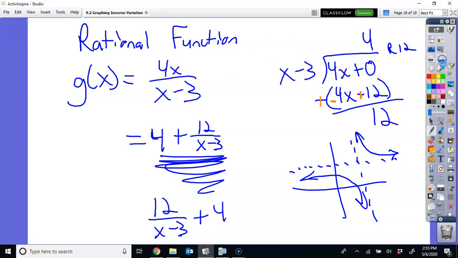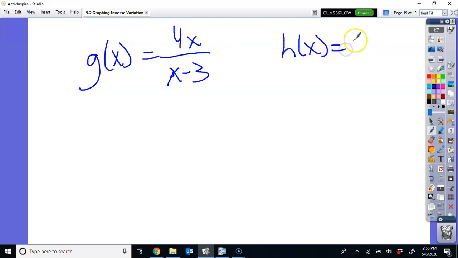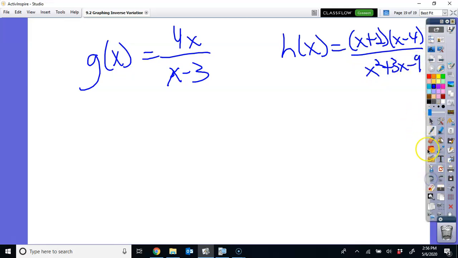But essentially what you're looking at is when you have an ugly function like this, 4x over x minus 3, or even if it got even uglier, let's say h of x equals x plus 2 times x minus 4 over x squared plus 3x minus 28, something like that.